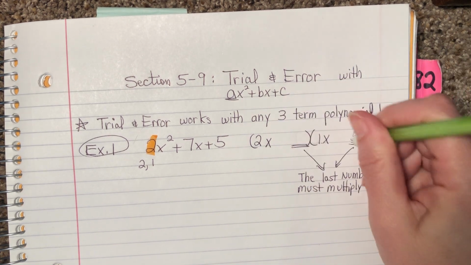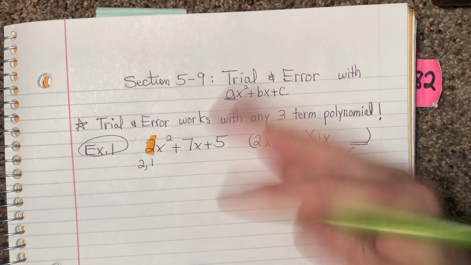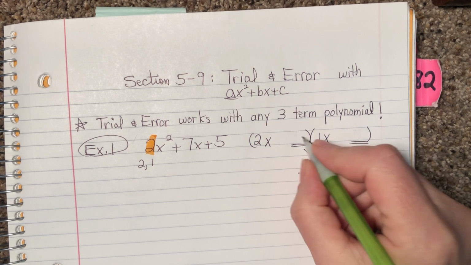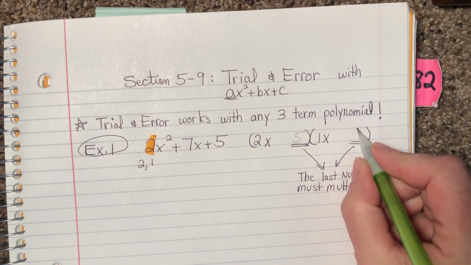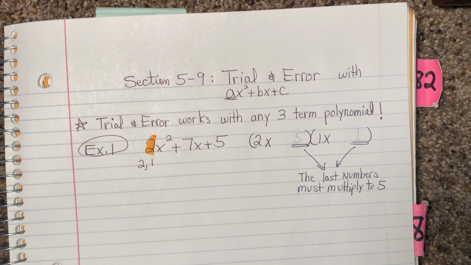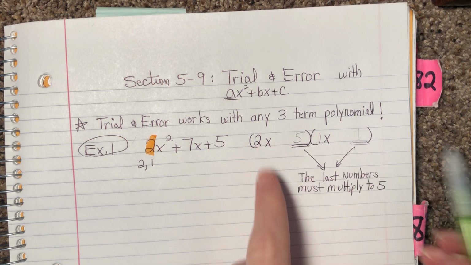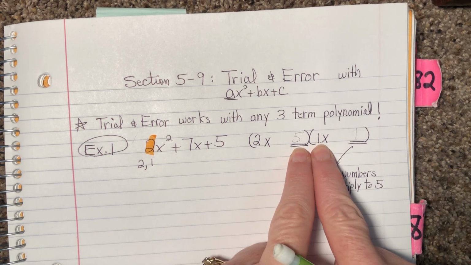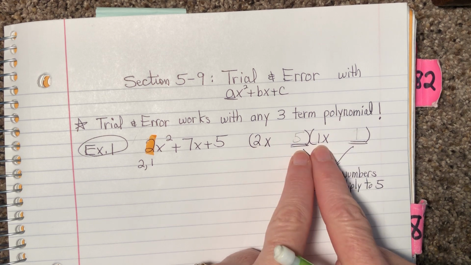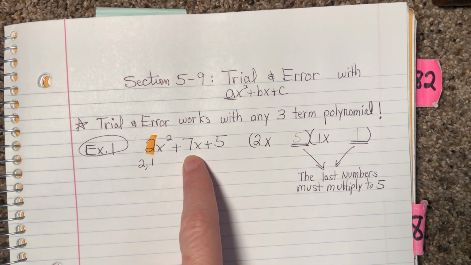That means we have to go with the other way. So I'm going to put a 5 and a 1 instead. I just reversed the order. Now, don't put signs initially, just look. 5 and 2. Can 5 and 2 somehow combine to make 7? Yes.